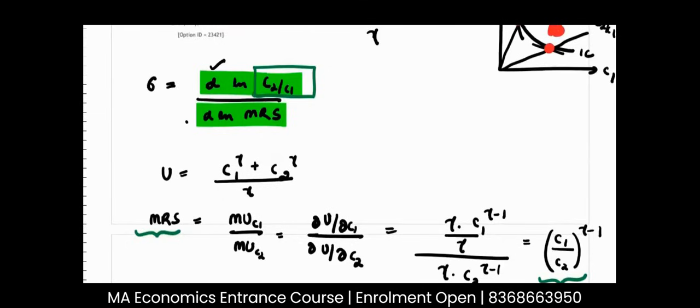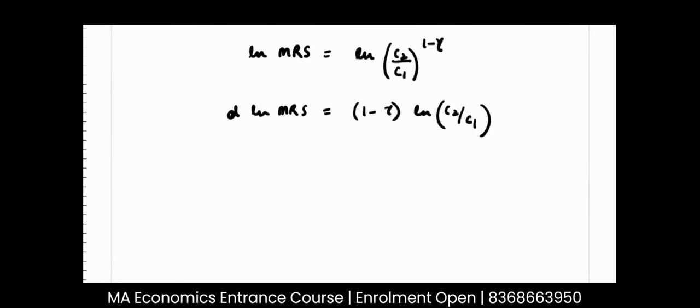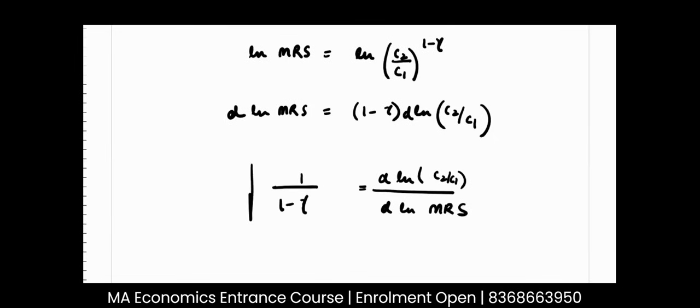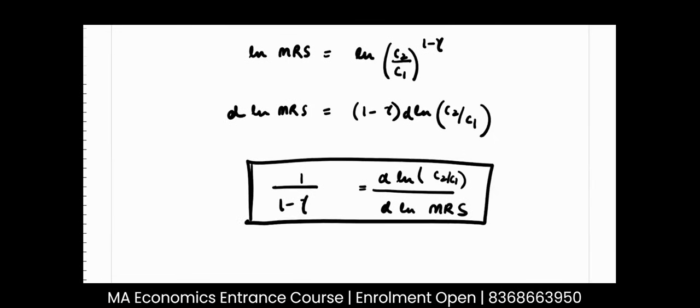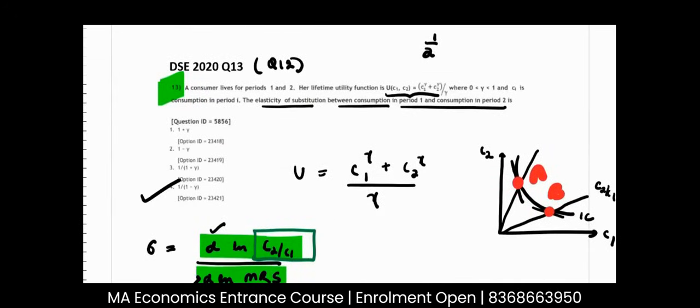I have to differentiate on both sides and then find d of ln C2 by C1 upon d of ln MRS. If I take differentiation on both sides, this has d on both sides. And then d of ln C2 by C1 upon d of ln MRS will be given by 1 upon 1 minus gamma. So the answer to this question will be option D.